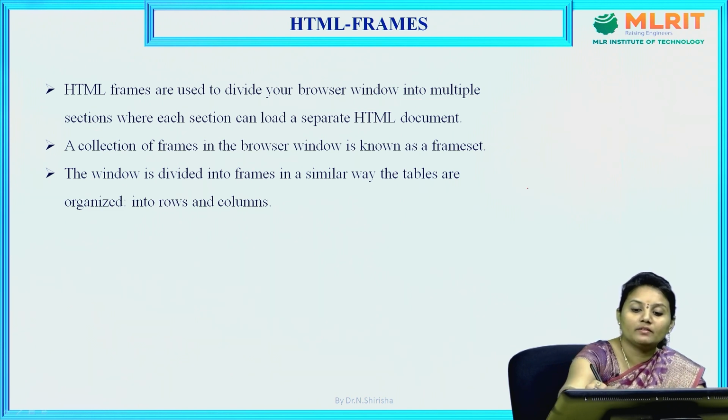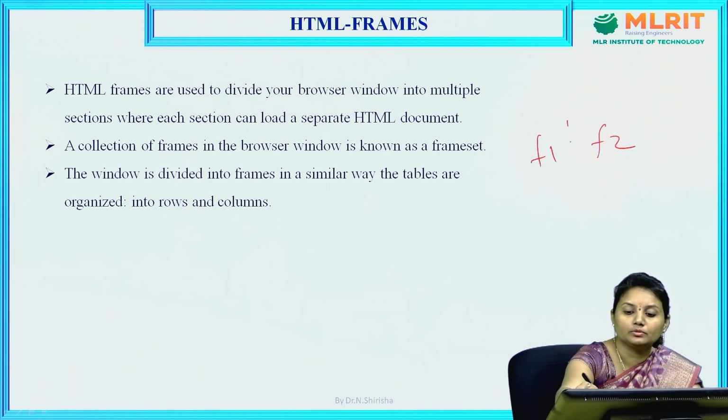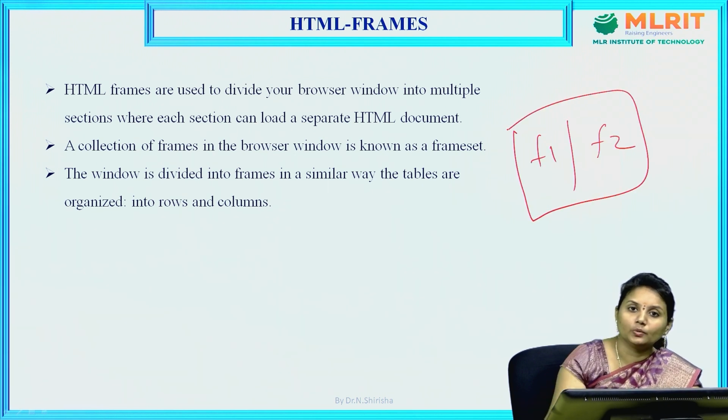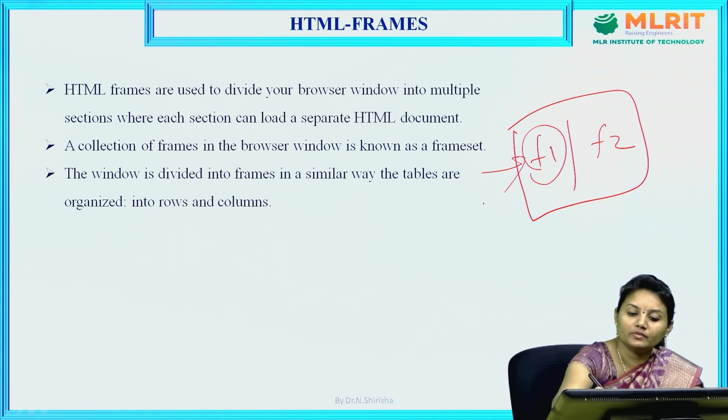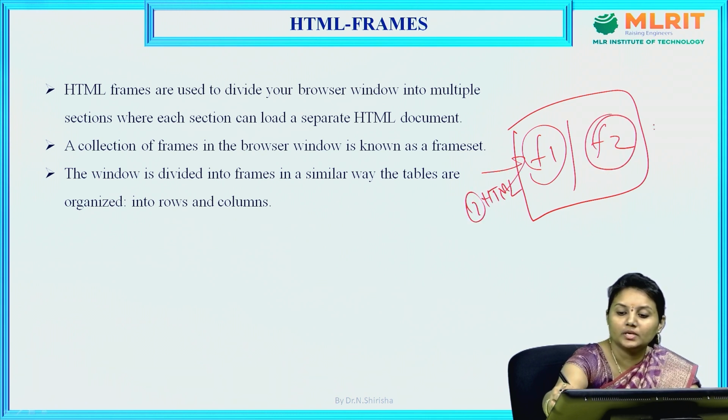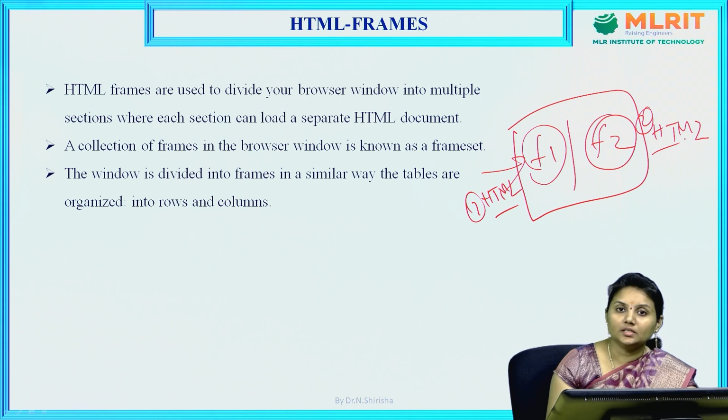So when you have created frame 1 and frame 2 in a window, frame 1 will be one HTML document and frame 2 will be the other HTML document. So 2 different HTML documents have to be externally given as a source for each individual frame.